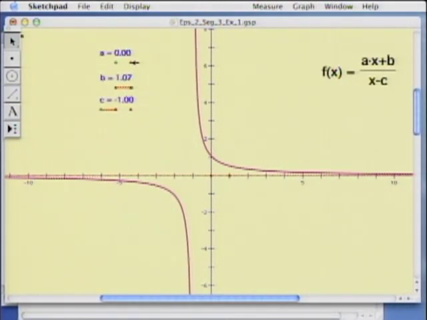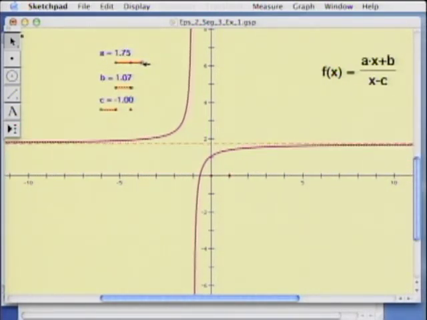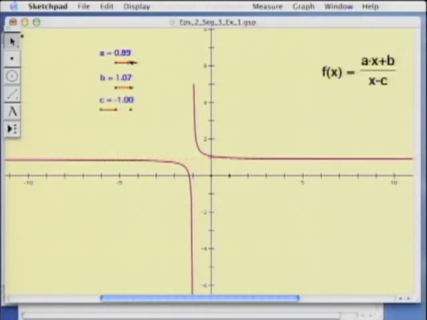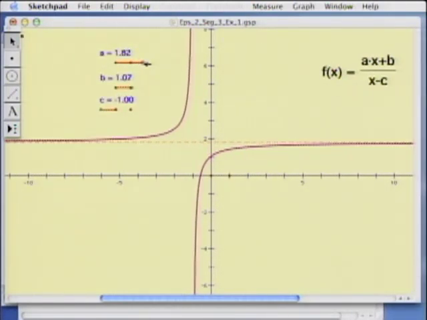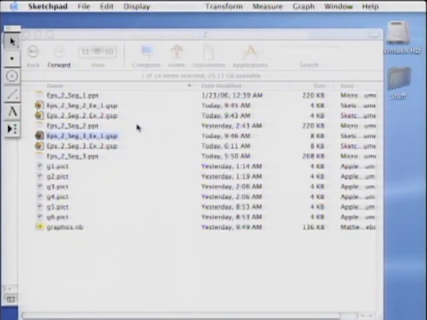And then the a controls the up and down changes. That little dotted line you see is the horizontal asymptote. The other thing is, what if I go to a square?